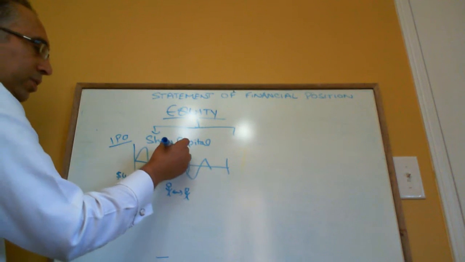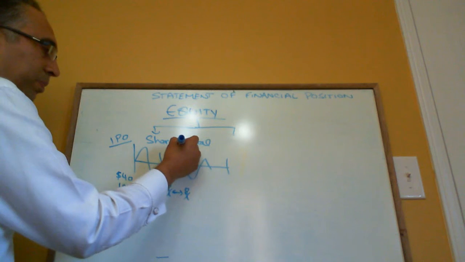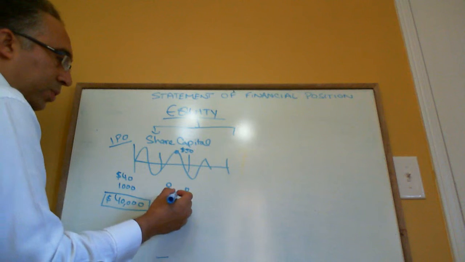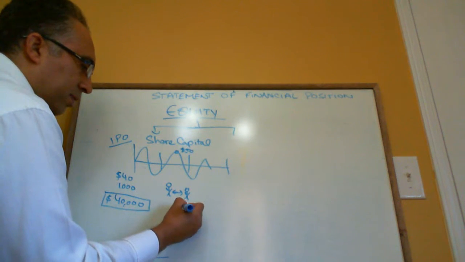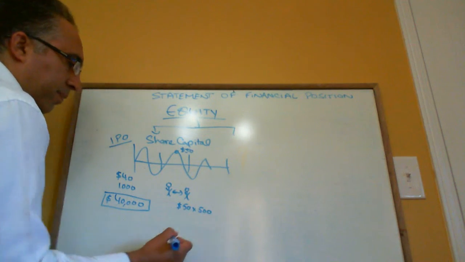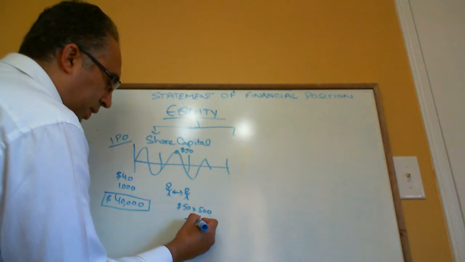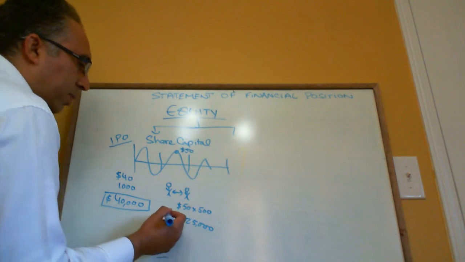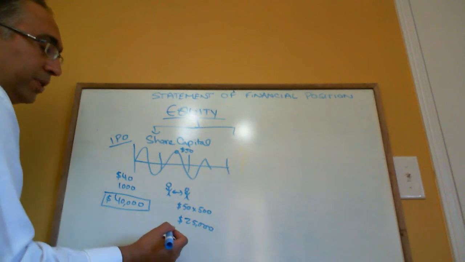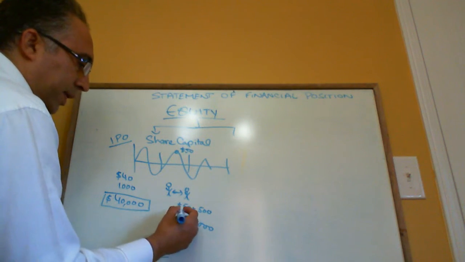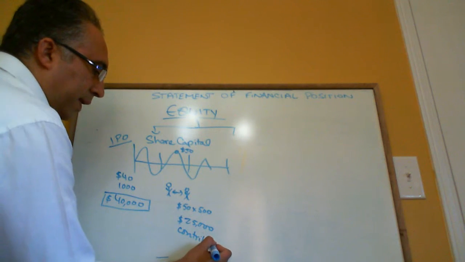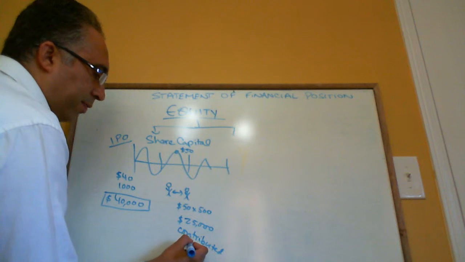If they're able to reissue the shares at a higher price, suppose $50, and they issue now 500 shares, so $25,000 is going to be extra, which is going to go into their share capital, which is called contributed surplus. So if they issue shares at a higher price, it is known as contributed surplus, and this is also a part of the equity.